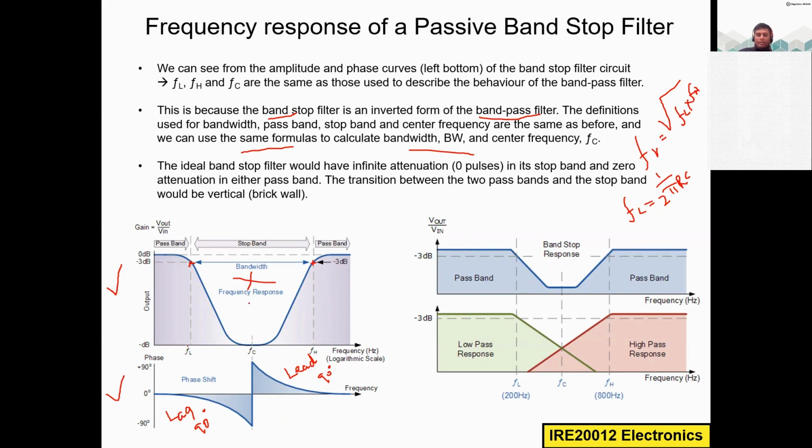Of course, this is really up to you. Here you can see the bandwidth is quite wide, and we are rejecting it. Instead, you may want to reject a very narrow band.